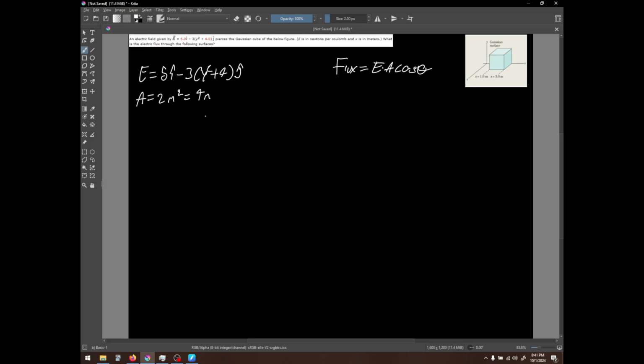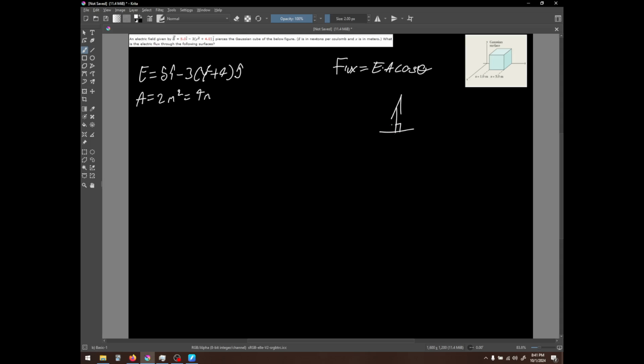So the top face now. Let's see. Top face is going to be... The flux is always going to be perpendicular, or 90 degrees from the surface.